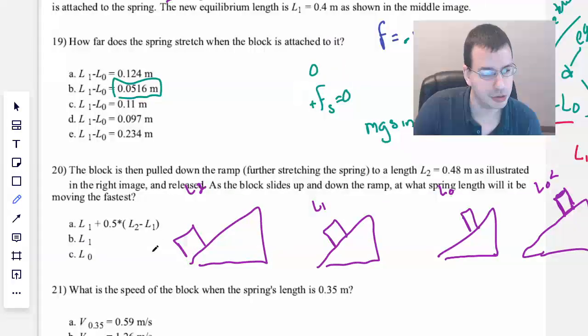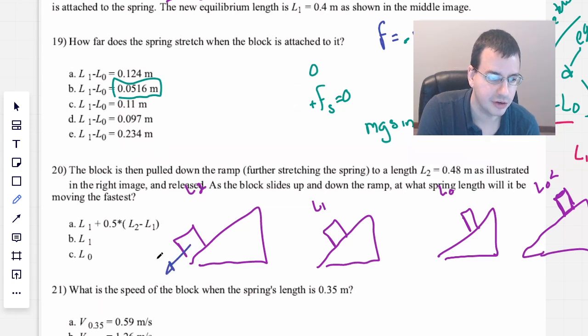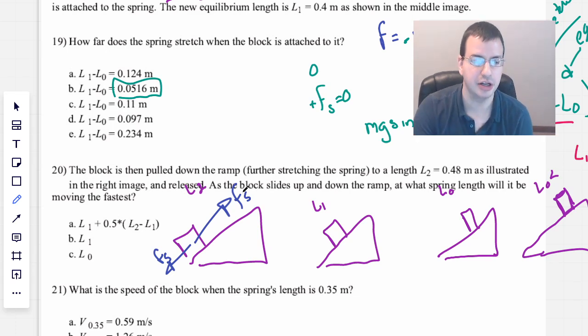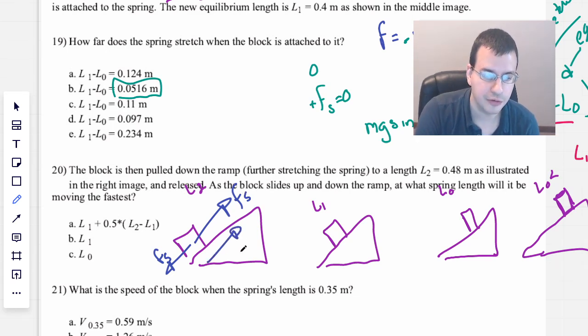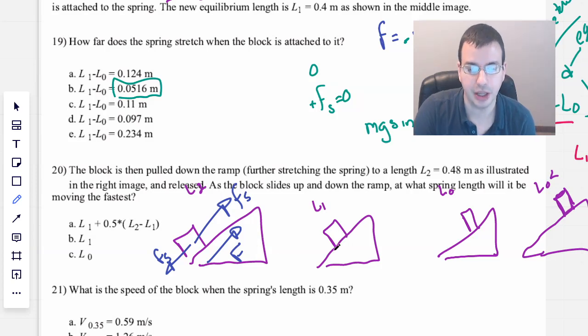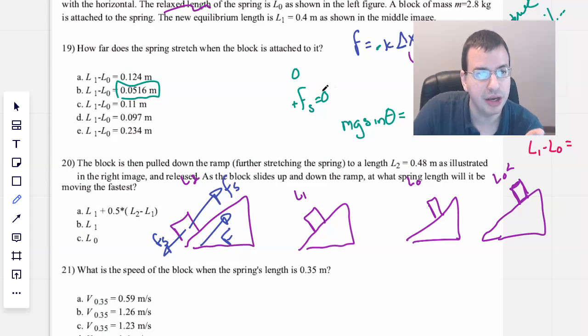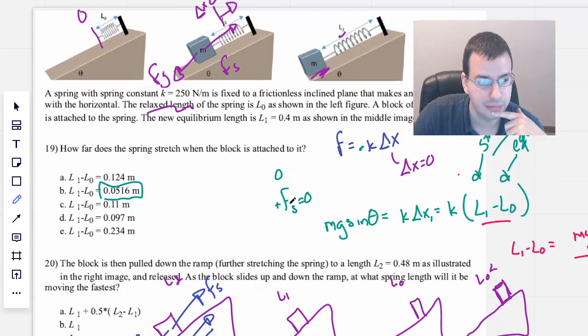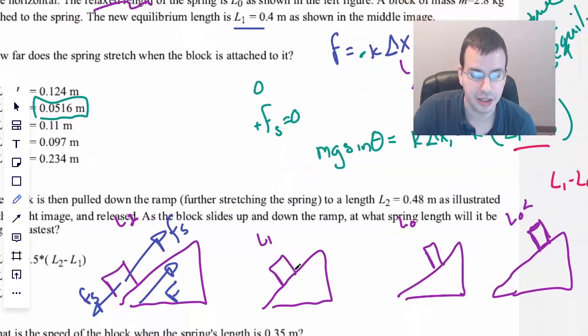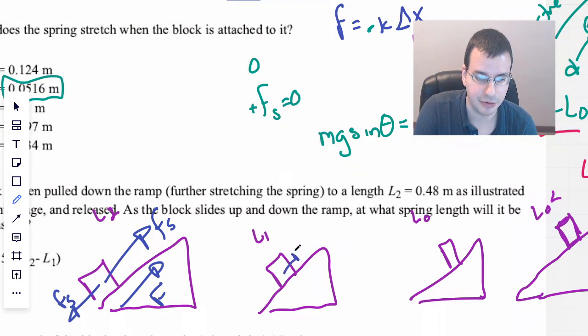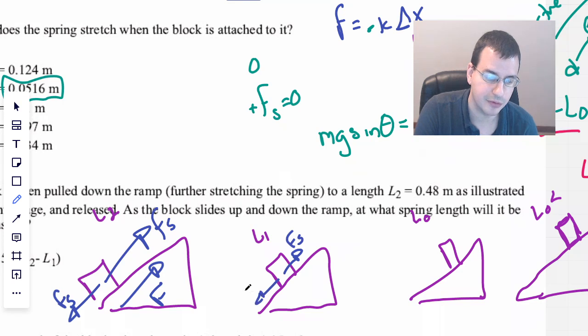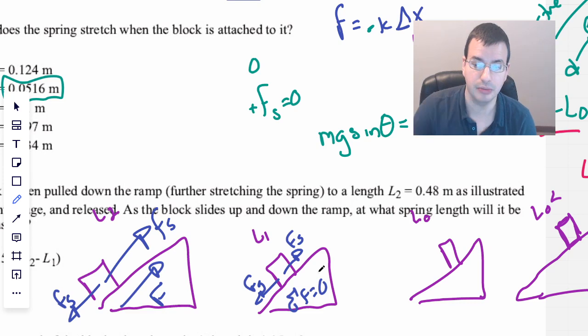So for this one, if we look at the forces, change it to blue. So we have force gravity, and then I'm going to draw a big force spring because we know it's very stretched. And the overall force will be in that direction. So L1 is where we have the new equilibrium. That means we have a force spring going up, force gravity going down, and net force will equal 0.